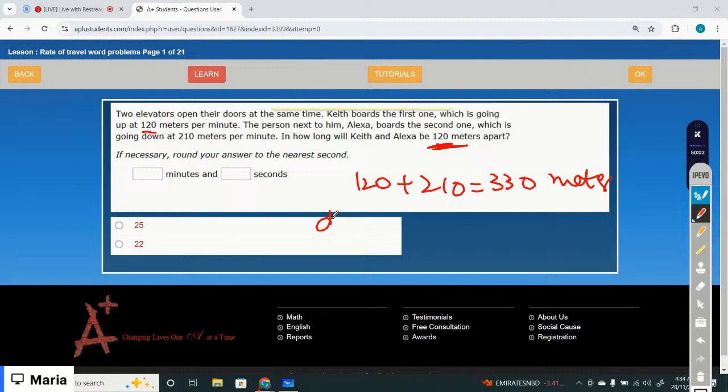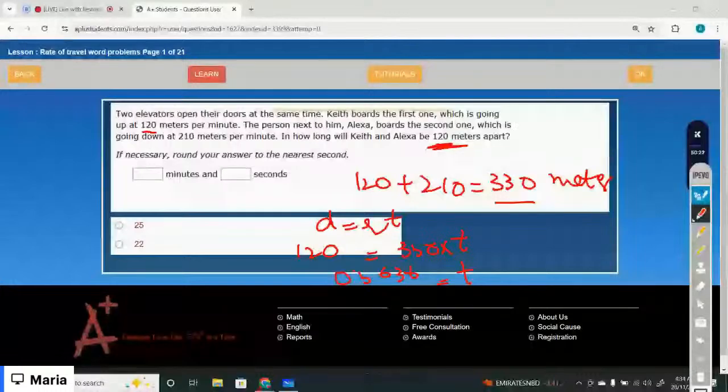So just write down the equation, that is D equals RT. D is 120, R is 330, times T, right? So solve it for T, divide by 330 on the other side, that is 0.3636 minutes.